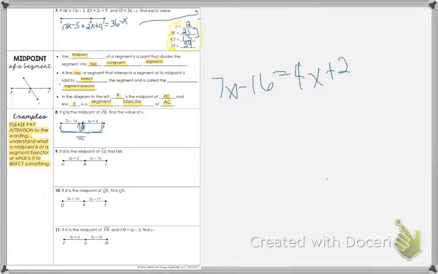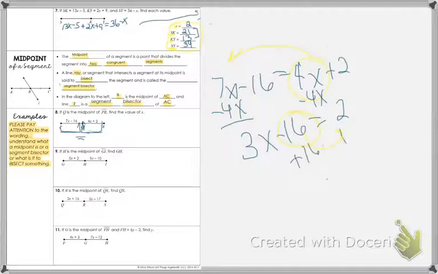Becomes algebra. I like my variables on the left, so I'm going to move the 4x. This gives me 3x minus 16 equals 2. Then I'm going to move this guy over. Plus 16, plus 16, and we get 3x is equal to 18.